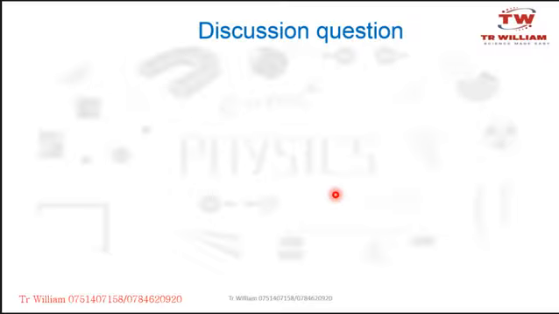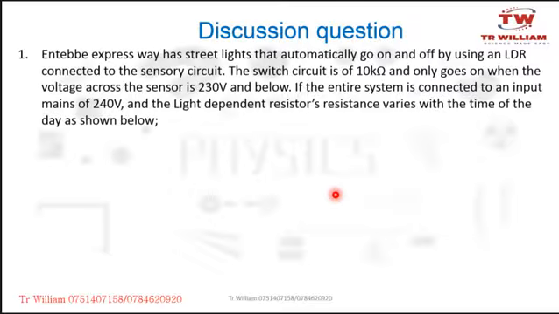The question for the discussion goes like this. Entebbe Expressway has street lights that automatically go on and off by using an LDR, light dependent resistor, connected to the sensor circuit. The switch circuit is of 10 kilo ohms and only goes on when the voltage across the sensor is 230 volts and below.